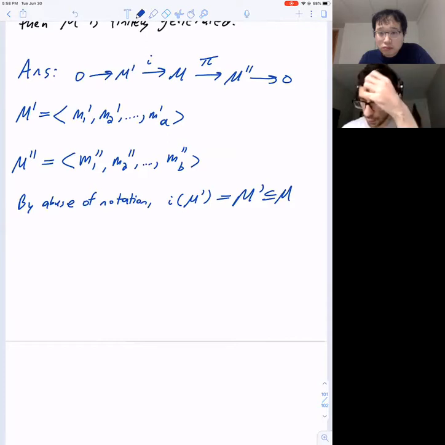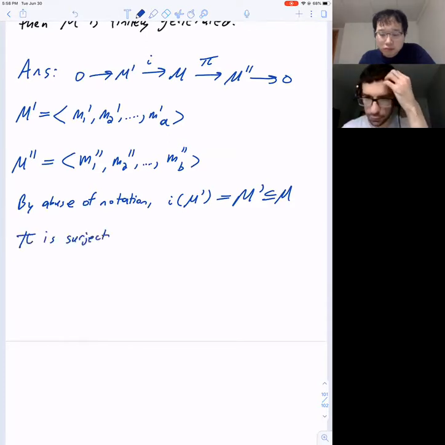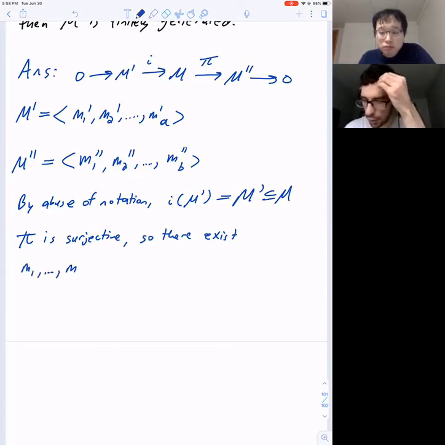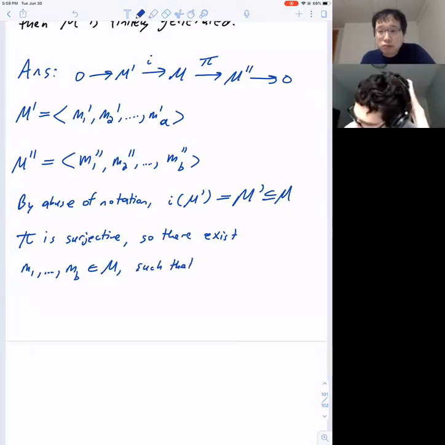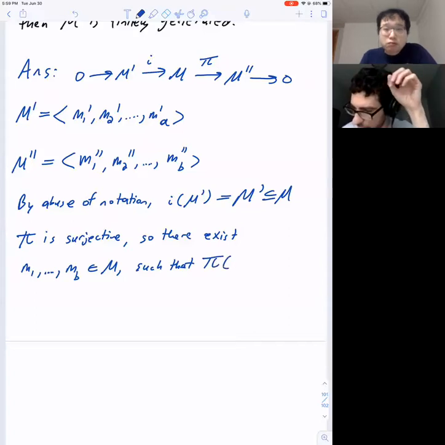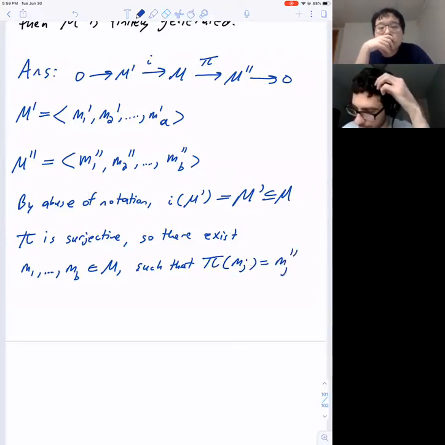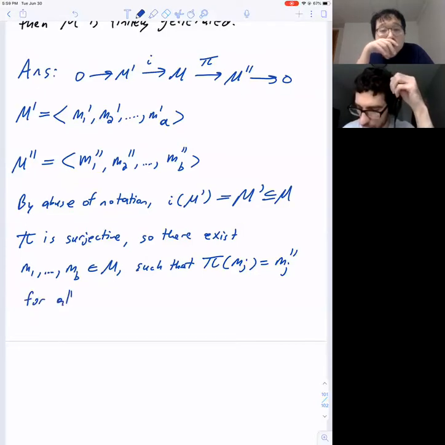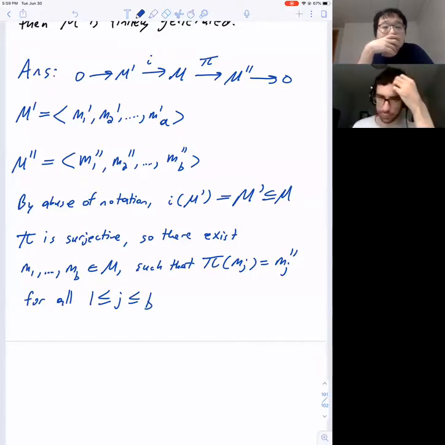Let's say pi is surjective. So there exist M1, M2, up to MB in M such that pi of Mj equals Mj double prime for all 1 less than or equal to j, which is less than or equal to B. Okay, so there's that.